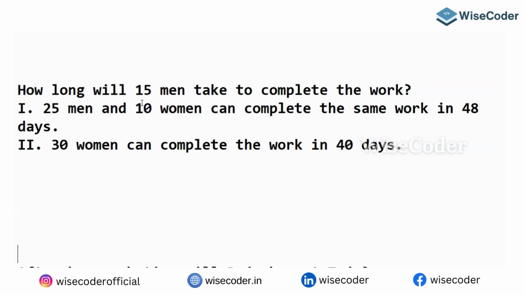I want only 15 men, right? If I know one man I can figure it out, but from this equation I cannot. So is one alone sufficient to answer the question? No. Look at the second one, because in statement one, women were there.